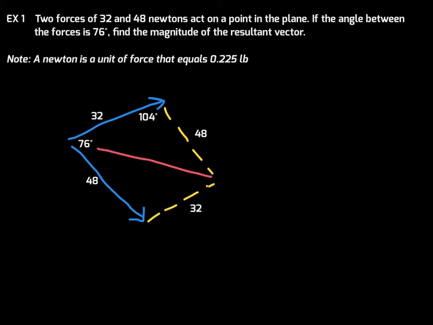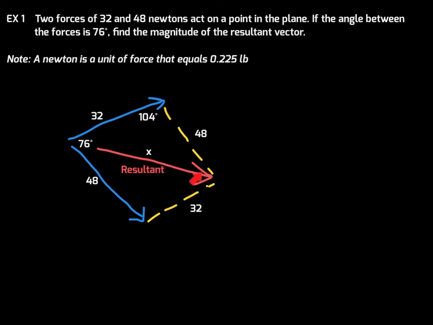So something like this, like that. All right, this is the resultant vector. It's the diagonal. And notice it's one of the diagonals of the parallelogram. And notice that this diagonal here, which I'm calling the resultant, splits your parallelogram into two triangles. So guys, this is the resultant, and they're asking us to find the magnitude, that is to say, the length of this resultant vector.